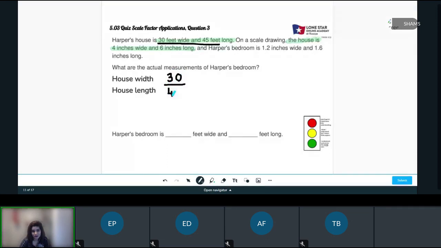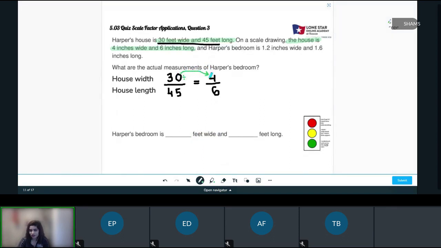On the map, the house is going to be 4 inches wide, only 4, and it is going to be 6 inches long on the map. So let's think about what is the scale factor they're trying to use. What is the scale factor? From 30 to 4, it got smaller, right? That means they're dividing 30 by a number.